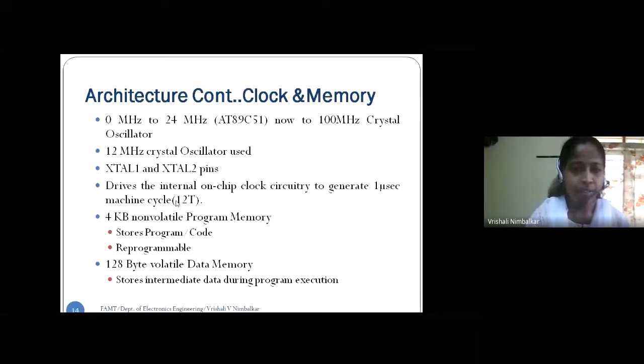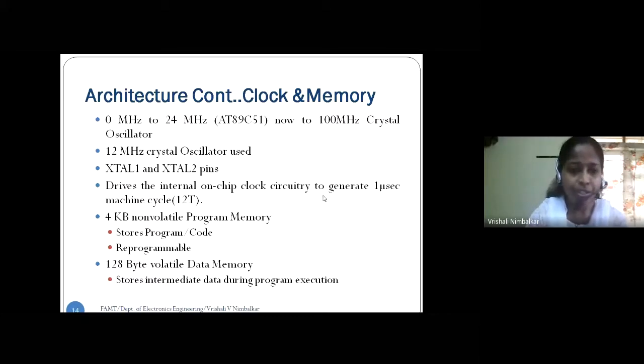And whenever in exams, mostly the question asked is: draw and explain the architecture of the 8051 microcontroller. You can draw the simplified block diagram, but each and every component in the block diagram should be explained in detail.